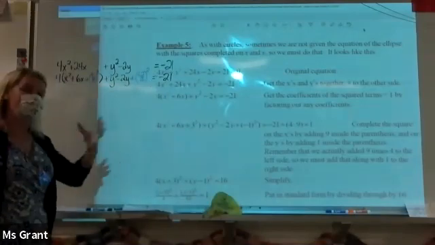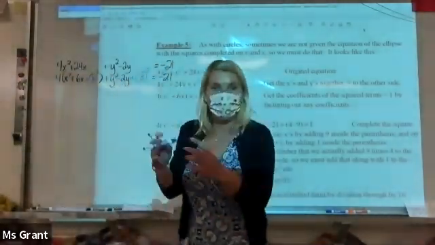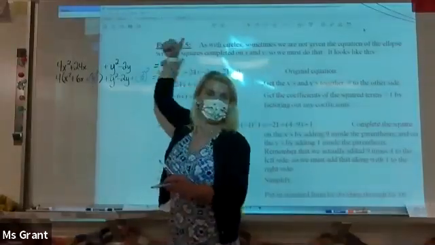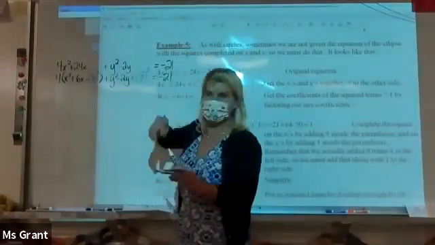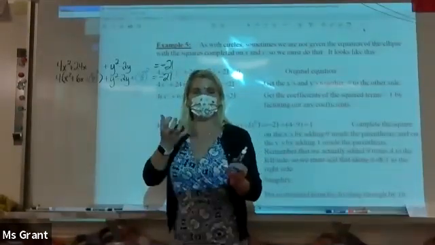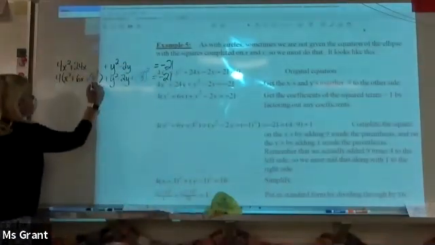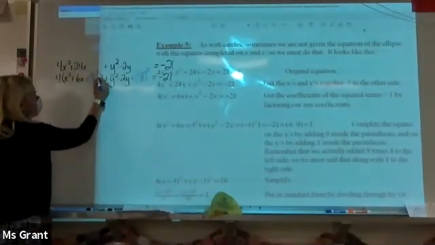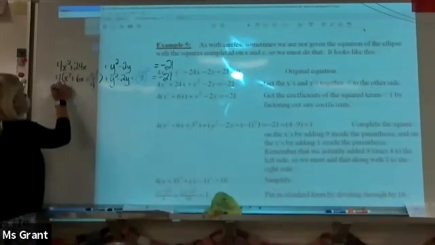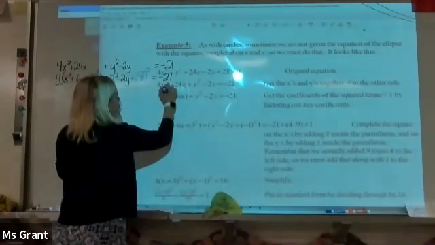Now, remember last week when we were completing the square and when I got my b divided by 2, I had to add it to the other side, right? So this 4 that I factored out is still part of the trinomial. So really what's happening is I am multiplying, this is going to be obviously 3 squared and 9, right? This 4 times 9 needs to be added to the other side.